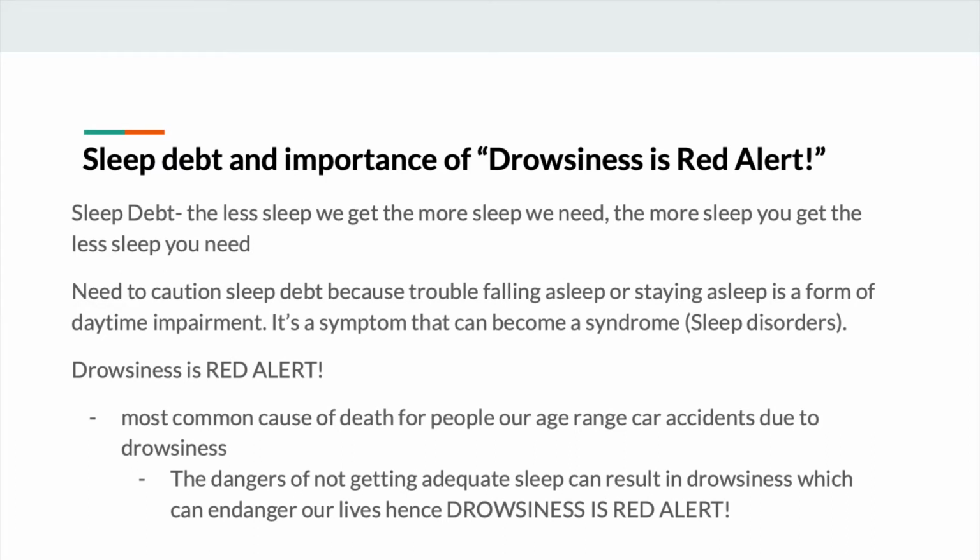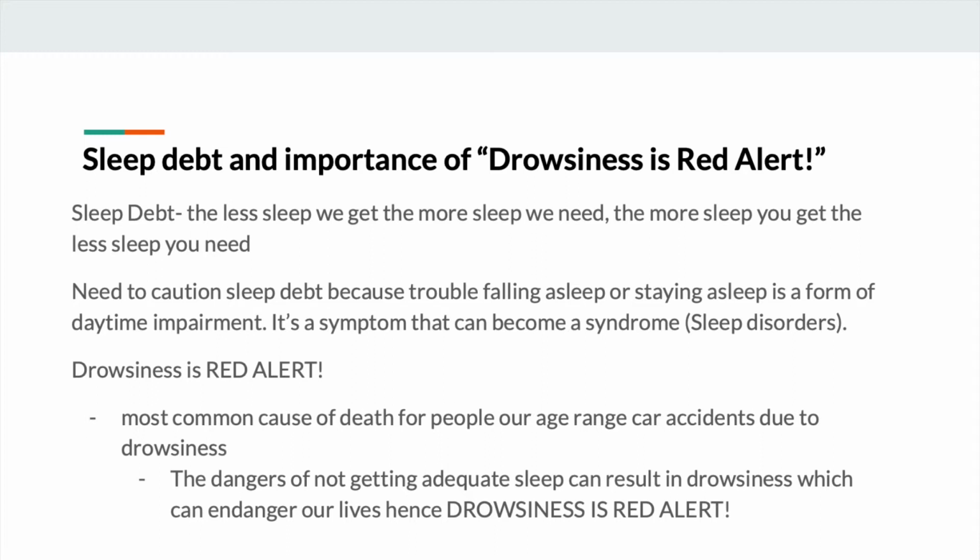In this course, we have emphasized that drowsiness is red alert, and this has to do with the fact that the most common cause of death for people our age range is car accidents due to drowsiness. So the danger of not getting adequate sleep can be fatal.